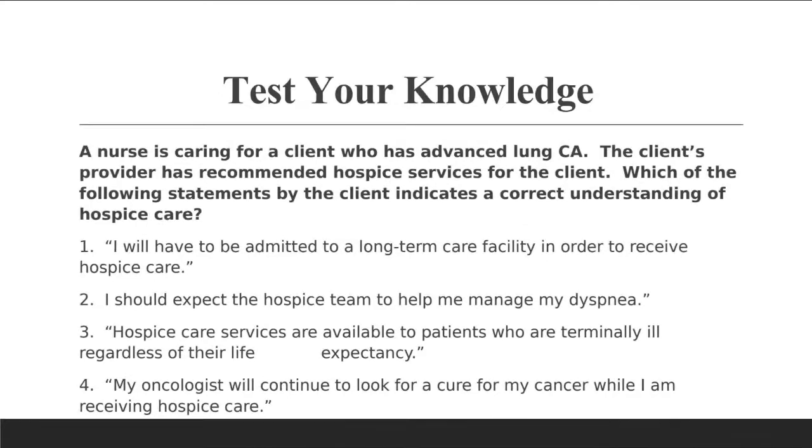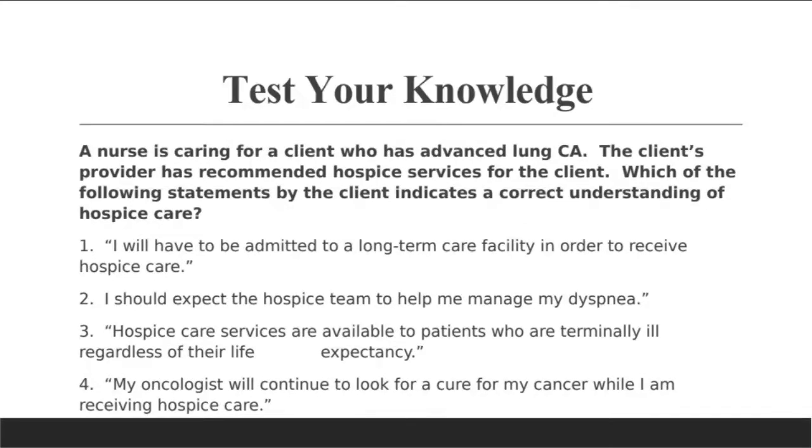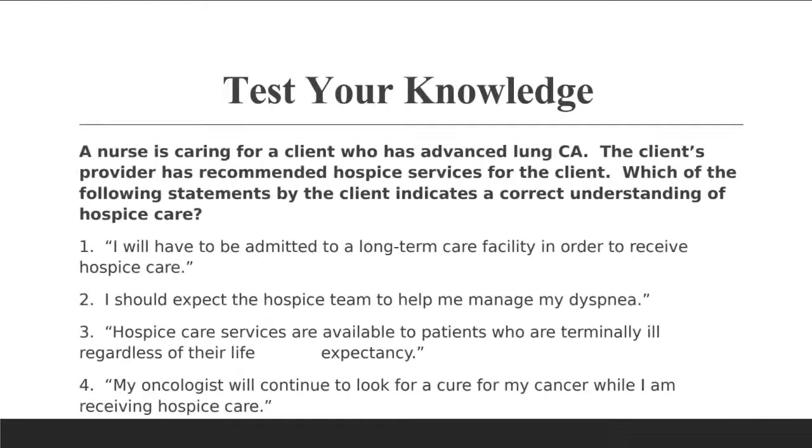Okay, so the answer is number 2. Hospice is going to help a patient manage the manifestations of the terminal disease, and in this case, it's lung cancer. So they're going to help manage those things that are going to cause the patient a lot of distress.